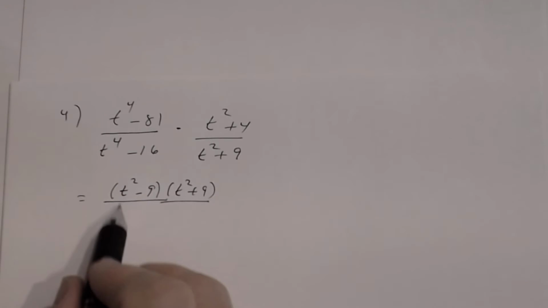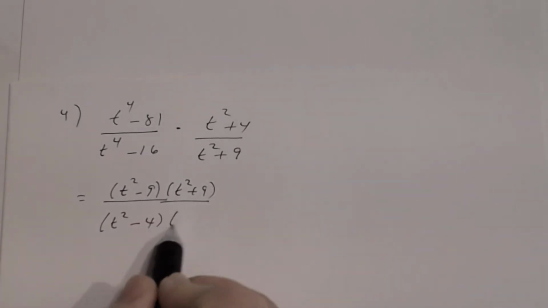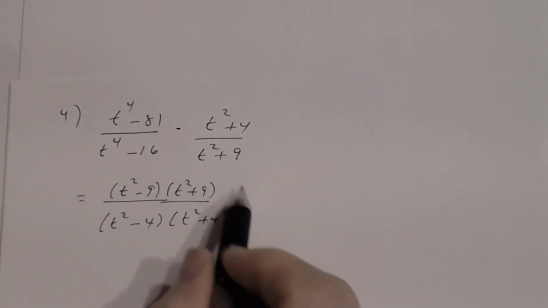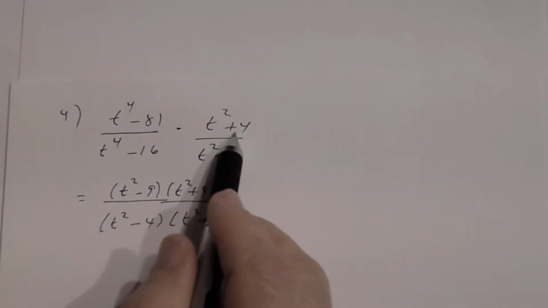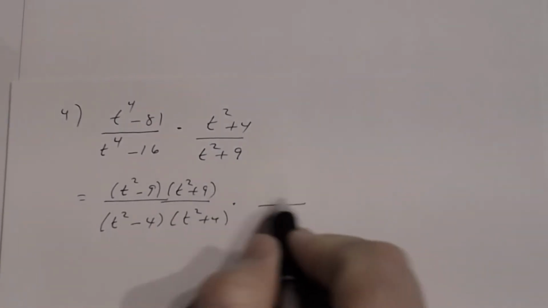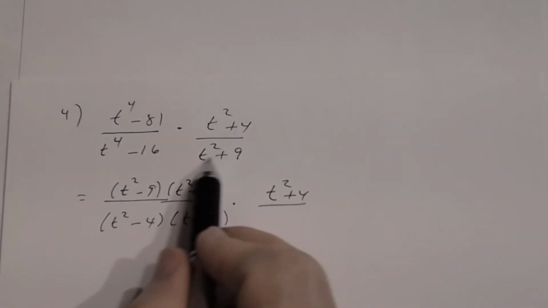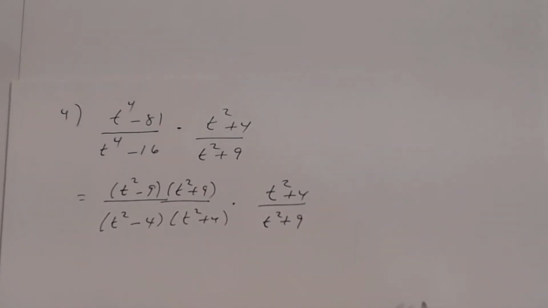And then the denominator, that's going to be t squared minus 4 times t squared plus 4. Y'all agree? Times, over here, you see that's the sum of two squares, isn't it? So I cannot factor the sum of two squares. So all I can do is just rewrite it. T squared plus 4. And this is also the sum of two squares. So I cannot factor the sum of two squares.